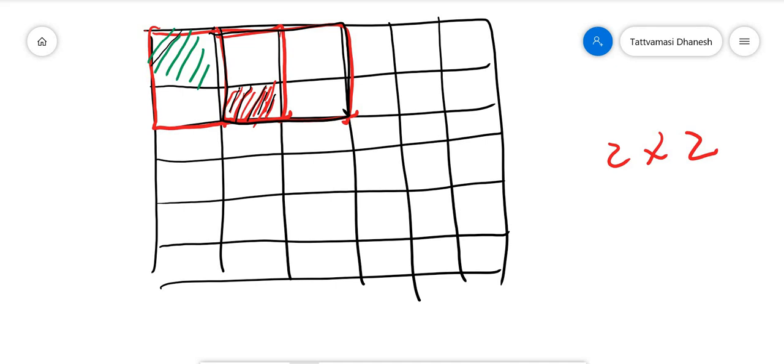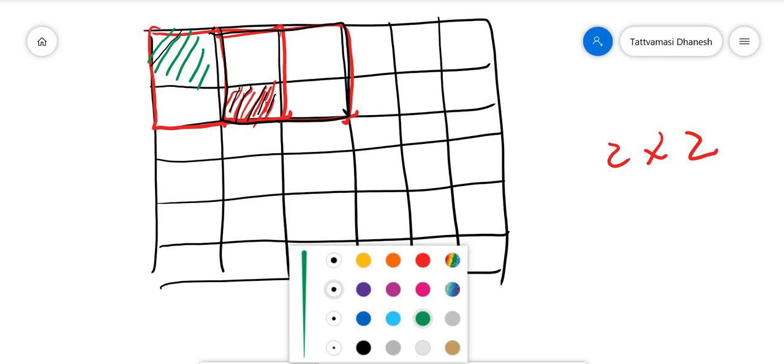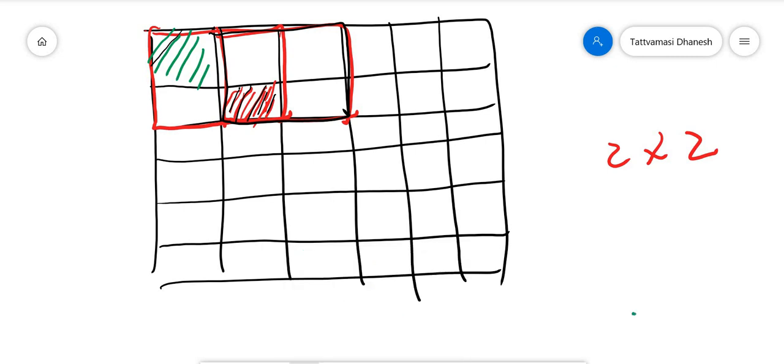When you move the filter again for a stride of 1 downward, the 2 by 2 filter is moved, and this pixel and all these inner pixels will be covered multiple times as the kernel is moving.